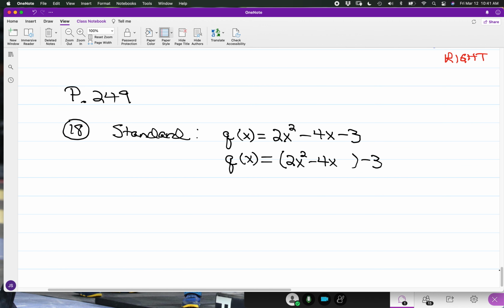And now I'm going to enter the stage eventually of the completion of the square. For the completion of the square part, I want the first term inside the parentheses to be x squared. So I don't want any number other than 1 in front of the x squared within the parentheses. So again, I'm going to factor out 2.